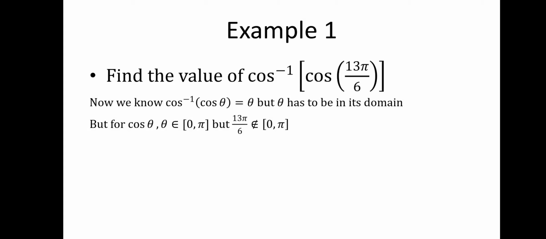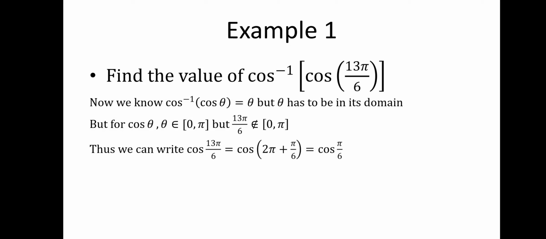So let us concentrate on cos of 13 pi by 6. So let us just understand this cos of 13 pi by 6. So what is 13 pi by 6? I can write this as cos of 2 pi plus pi by 6. 13 pi means 12 pi plus pi.